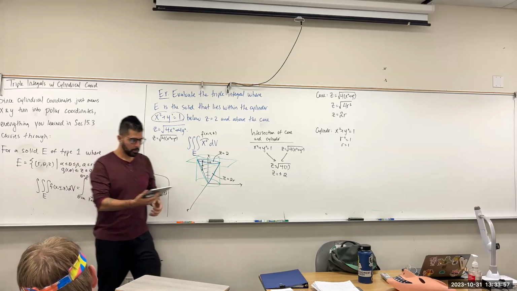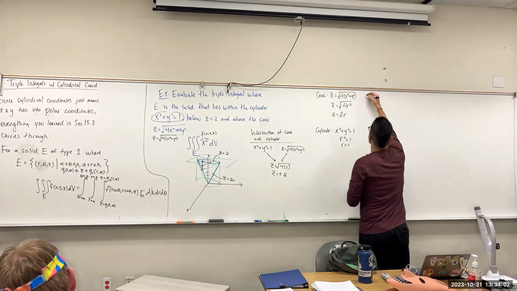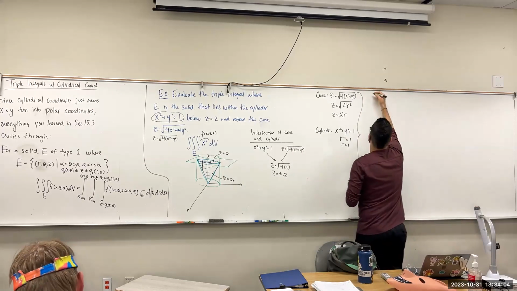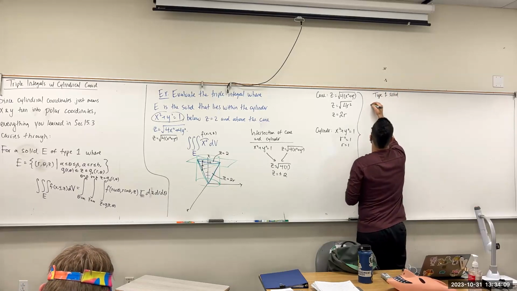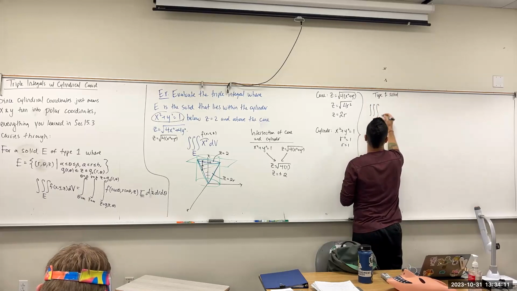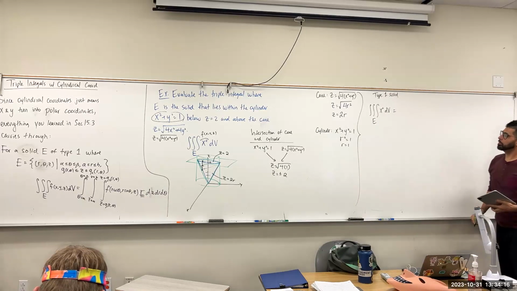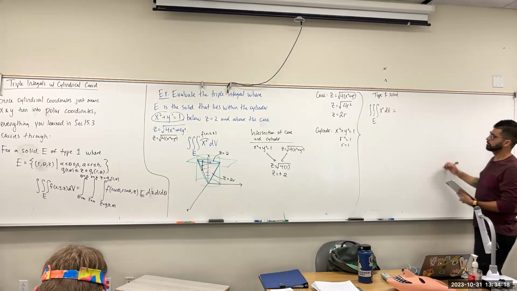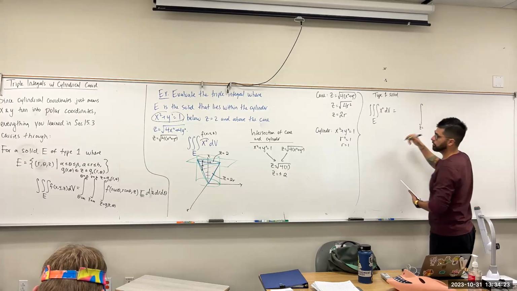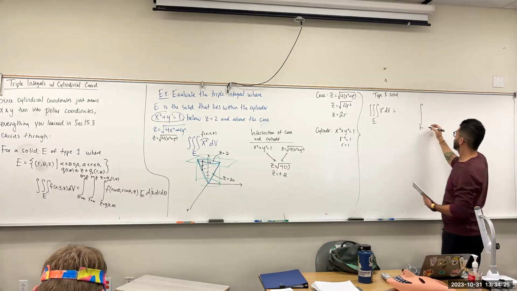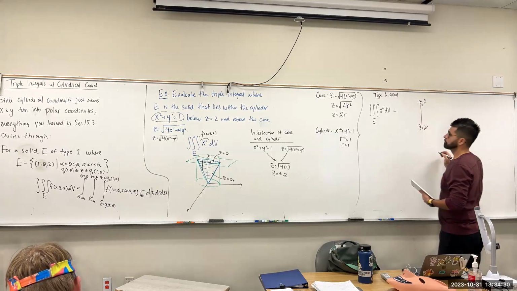Okay, so now we're going to put all this together, and we have a type 1 solid. When I start computing this triple integral, let's start doing our bounds. Z, you said, is bounded below by the cone, 2r, and bounded above by the plane, 2.